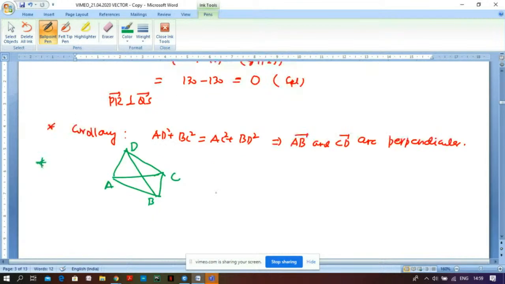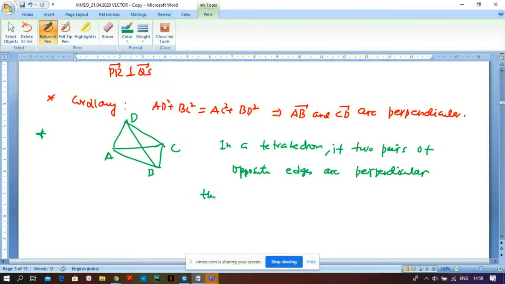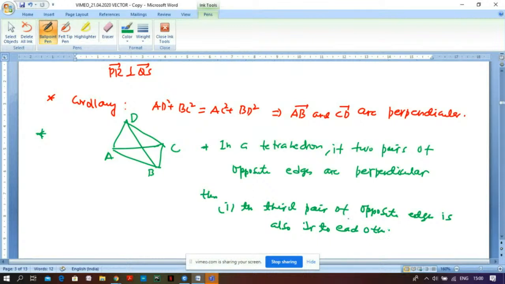Now the problem says that in a tetrahedron, not only regular, any tetrahedron, if two pairs of opposite edges are perpendicular, then you have to prove that the third pair of opposite edges is also perpendicular to each other.